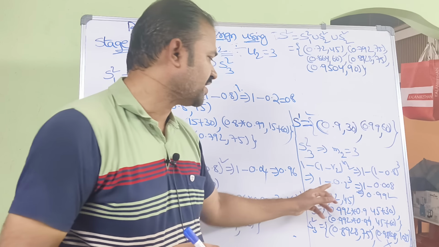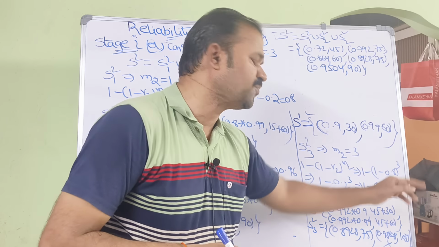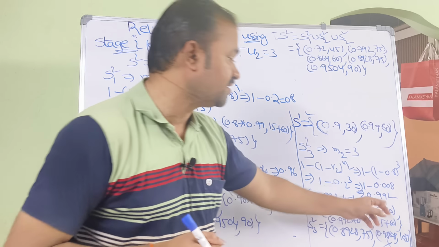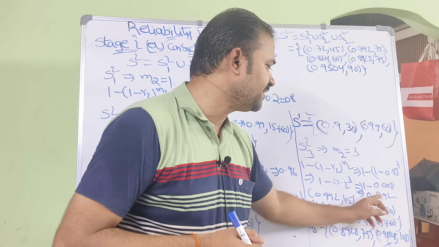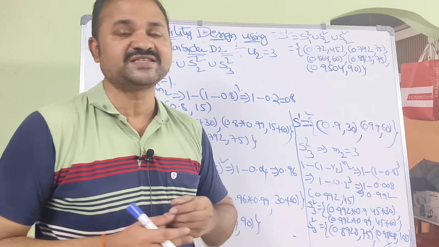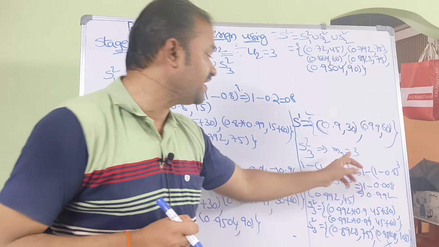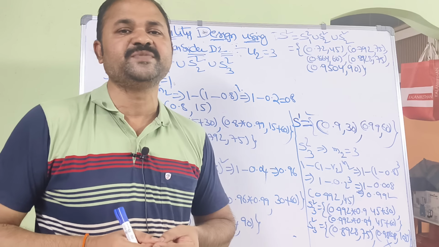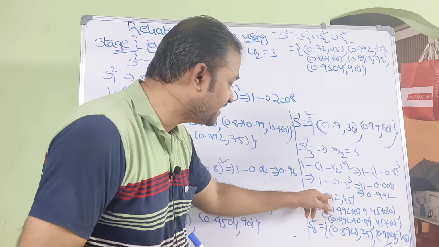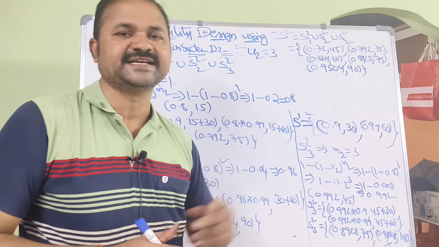So 1 minus 0.8 means 0.2, 0.2 whole cube means 0.008. So 1 minus 0.008 means 0.992. So 0.992 comma, cost of the second device is 15. But here we have 3 copies, so 15 into 3 means 45. So 45. Now we have to do multiplication and addition with its previous stage, that is S power 1.